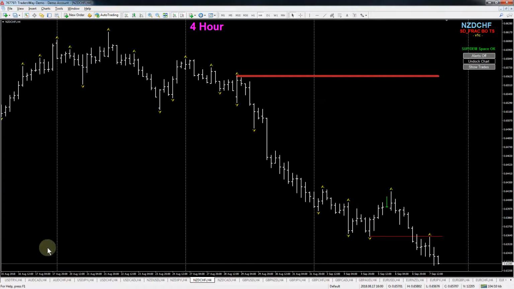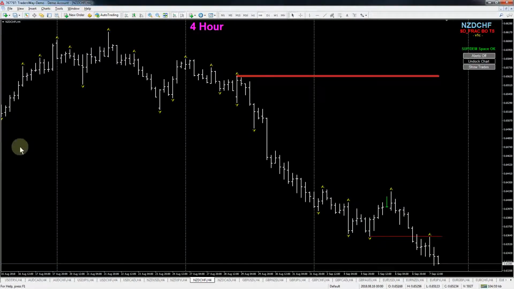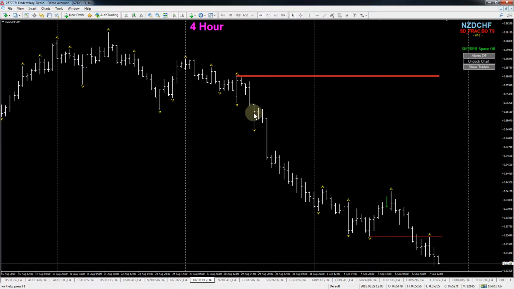And then we went, of course, for New Zealand Swiss. I always call it chef, I don't know why. We're only looking for 10 pips, and you add your buffer onto that. So we only had to go 12, which would have been there. So we would have got out there with 12 pips.